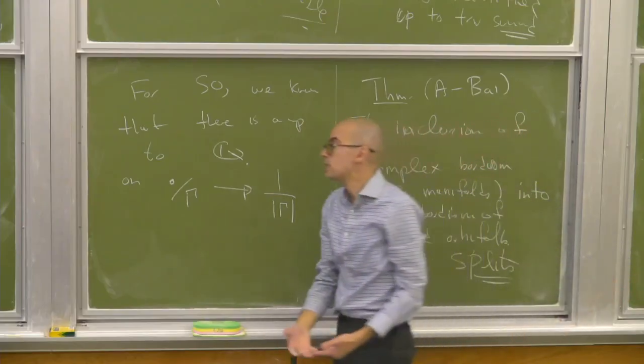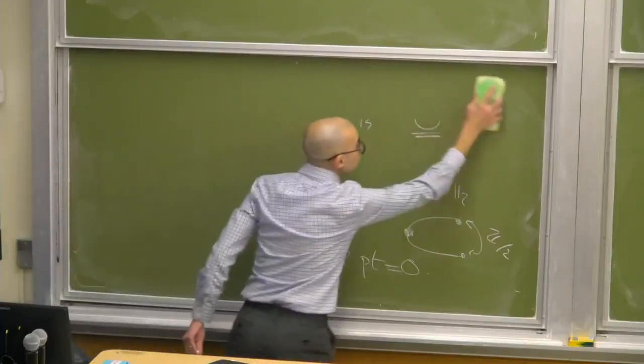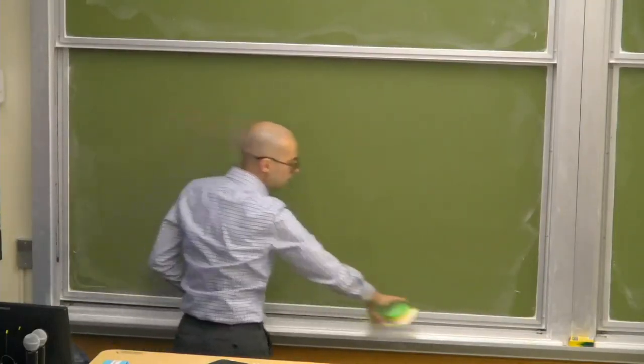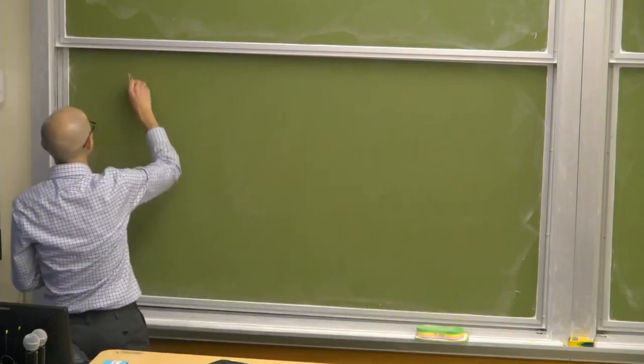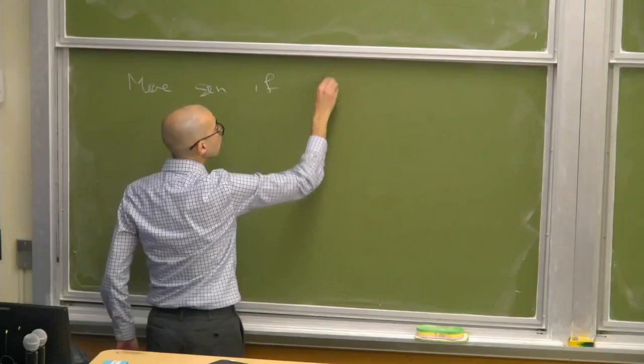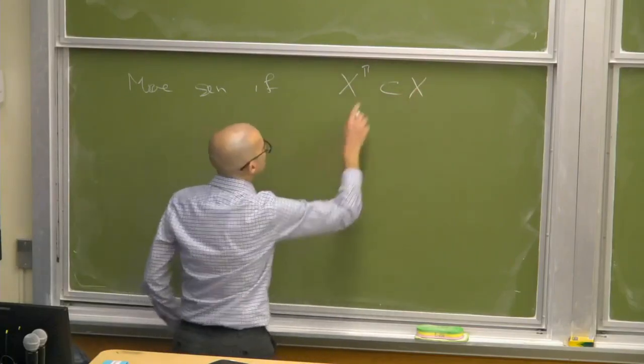Okay? So if it's instead not one point, but maybe there is some locus where the stabilizing group is non-trivial, and generally, if I have some kind of locus, X^Gamma inside X, okay, so I apologize.